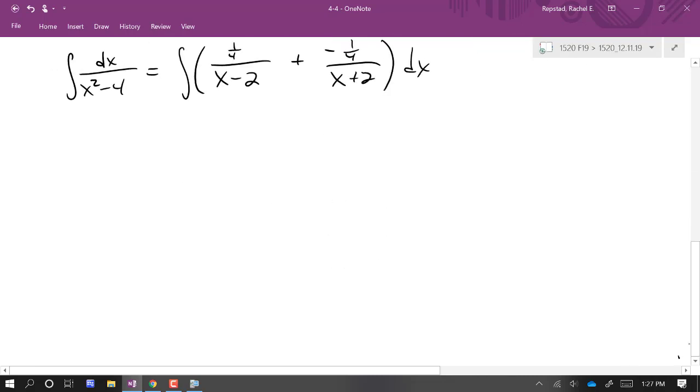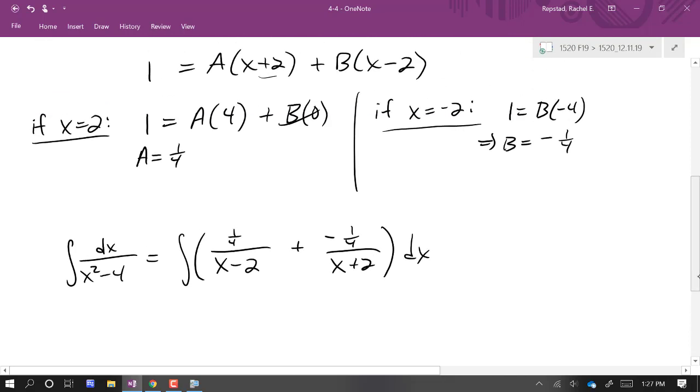I'm going to split up the integral over addition. And while I do that, I'm going to yank these constants outside. So we've got 1/4 integral dx over x minus 2 minus 1/4 integral dx over x plus 2.